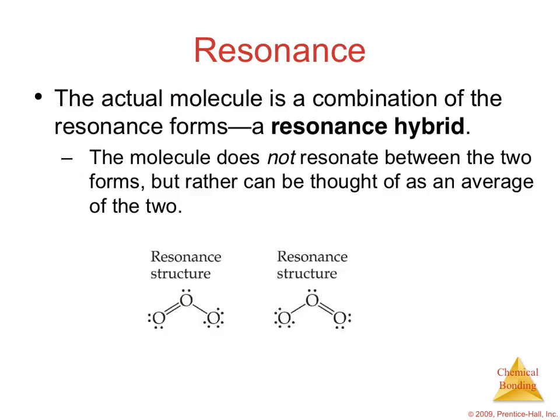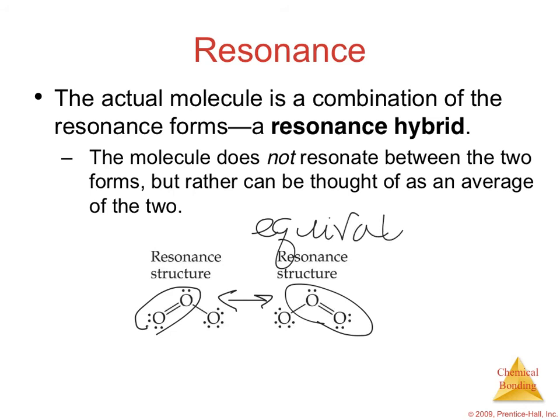You can draw this Lewis dot structure of ozone so that the double bond is on the left or the double bond is on the right. These are called equivalent resonance structures, and that means they're totally identical. There are not different atoms or different types of bonds, they are exactly equivalent.